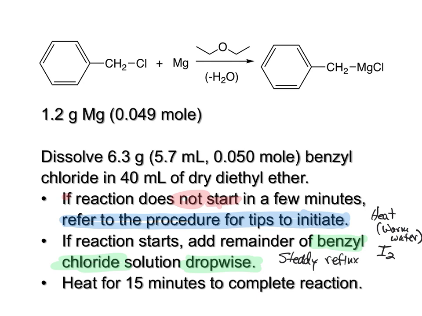Once you've added all the benzyl chloride, you're going to heat this under reflux for 15 minutes to make sure that the formation of your Grignard reagent is complete.